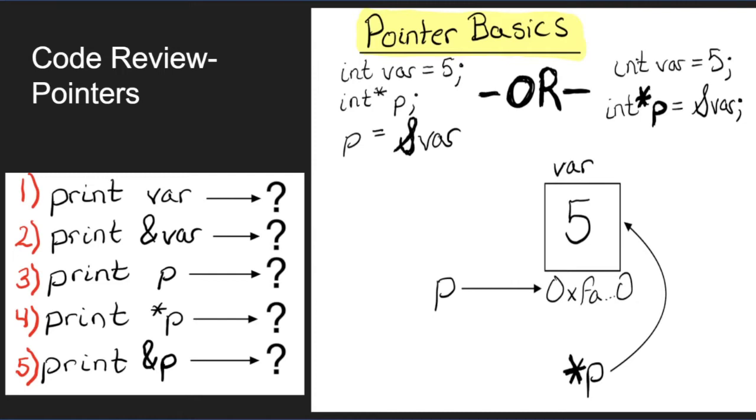You can't really get the memory address of p itself because p is just the memory address of another value. That's really all a pointer is. So you can't really get a memory address of a memory address, if that makes sense. It's not like Inception or anything. So it does not take a space in memory.